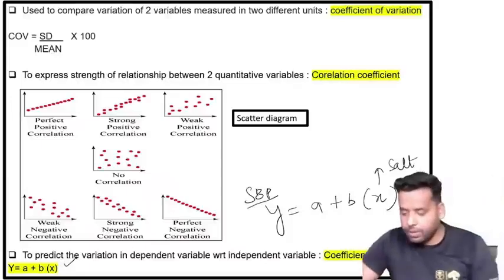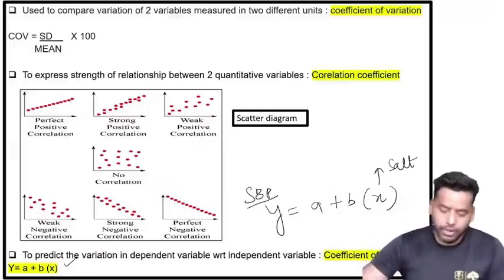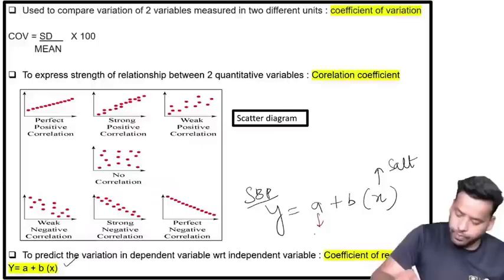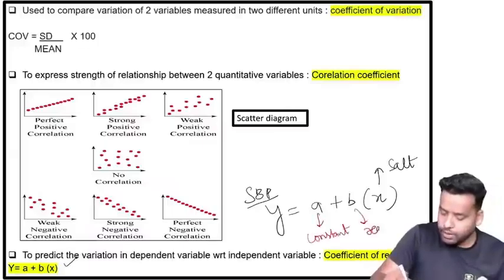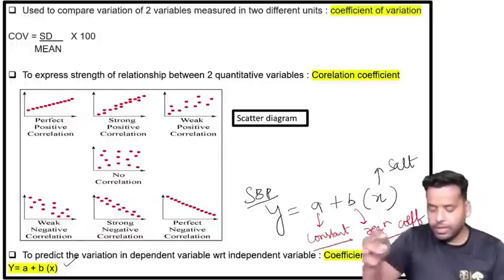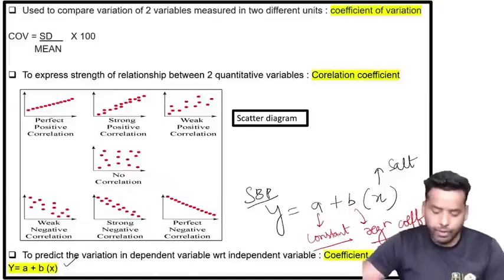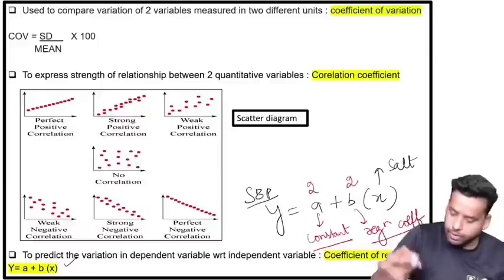If I put the values, a is constant, b is regression coefficient. If I am putting the values like this, 2, 2.